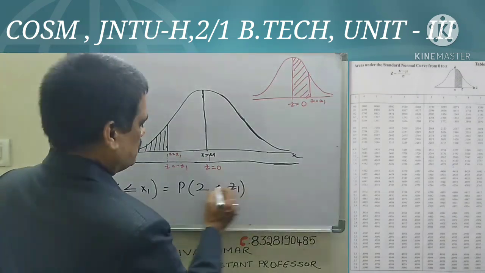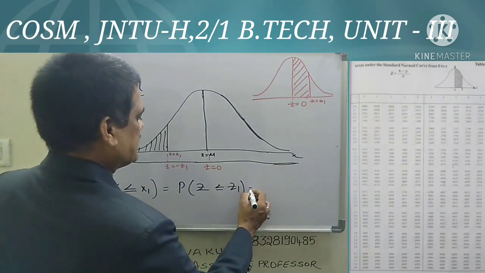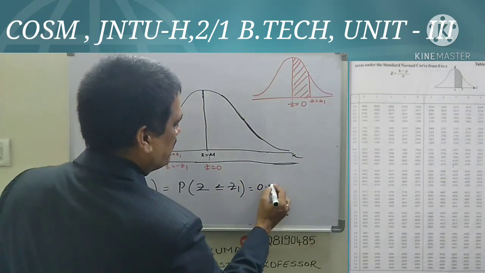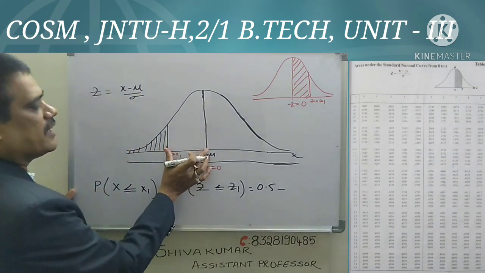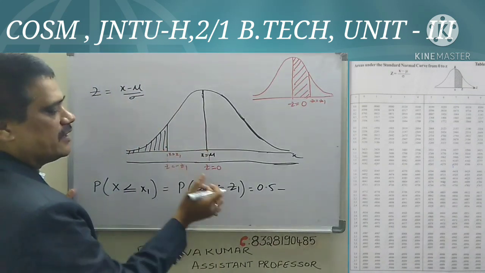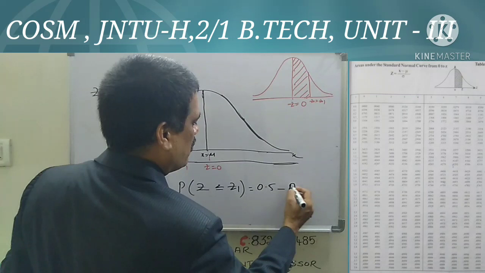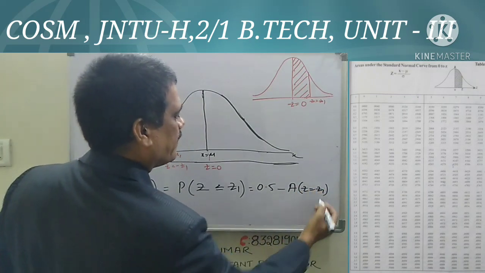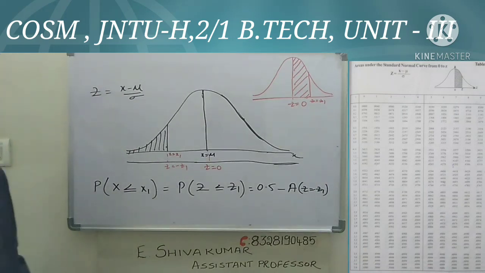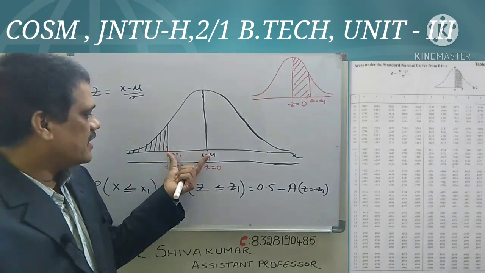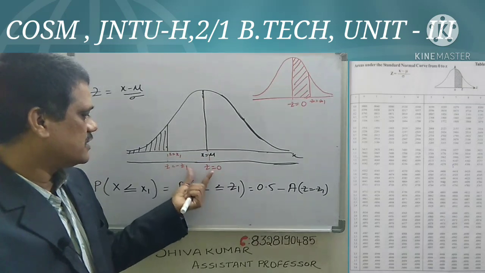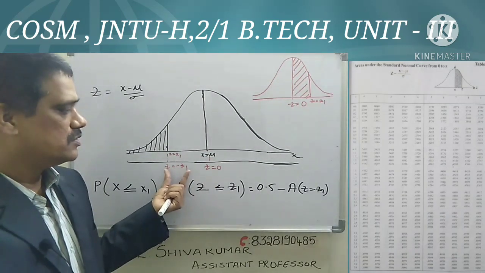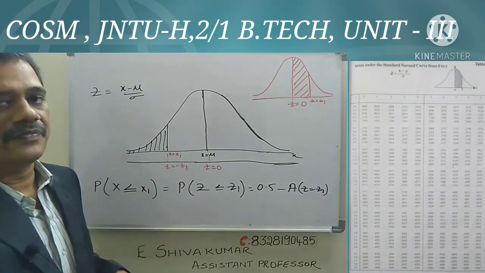Okay, so now this is nothing but, we know this area is 0.5. 0.5 minus, if we remove this area, you will get the answer, area of z is equal to z1. I hope it is clear. If we remove this area, z is equal to 0 to z is equal to z1, area if we remove, then you will get this area.